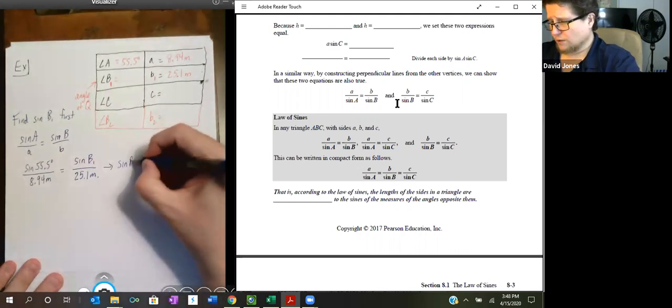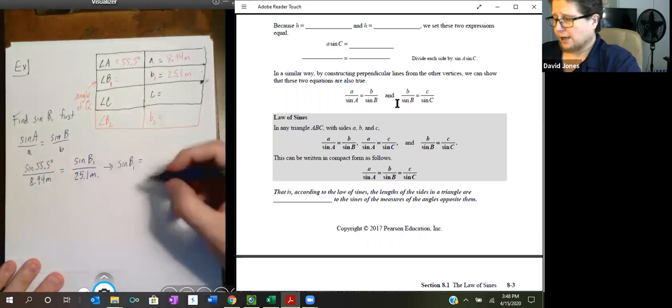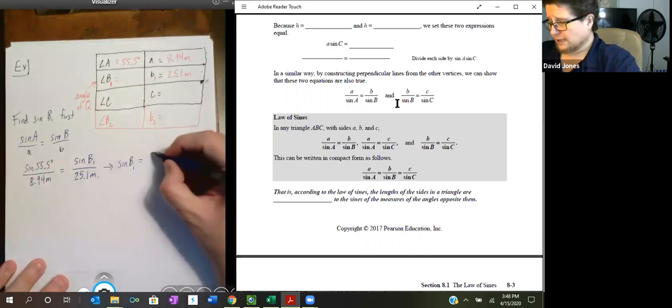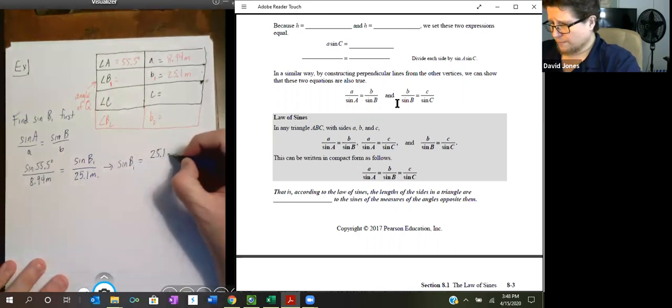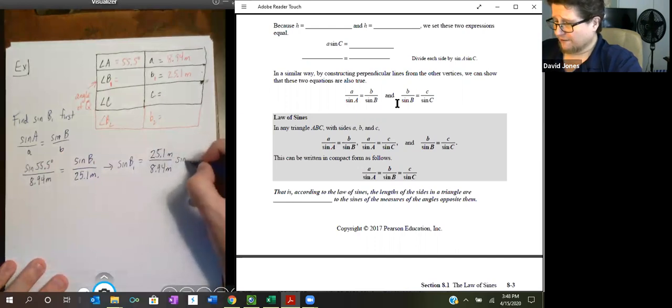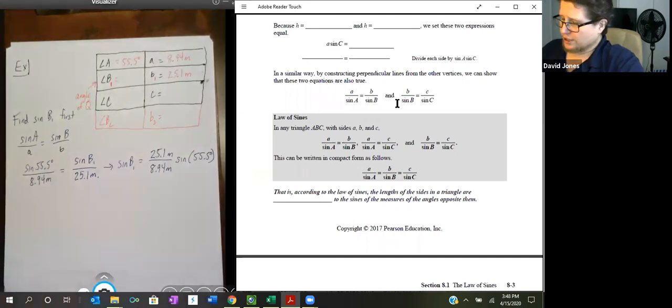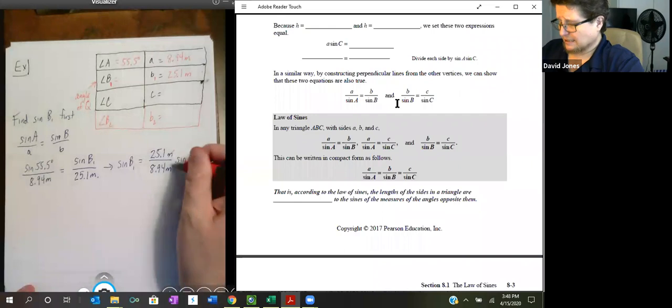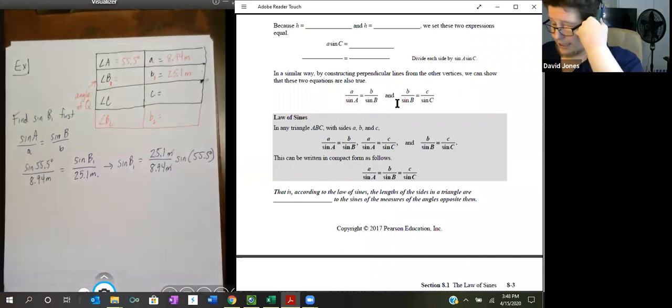So sine of B1, we solve for that by multiplying by 25.1. I've got 25.1 meters over 8.94 meters times sine of 55.5 degrees. Notice the meters cancel out, so the only units here are degrees.